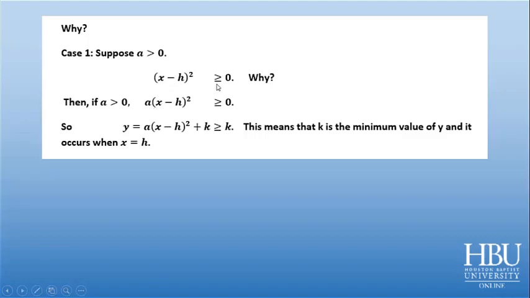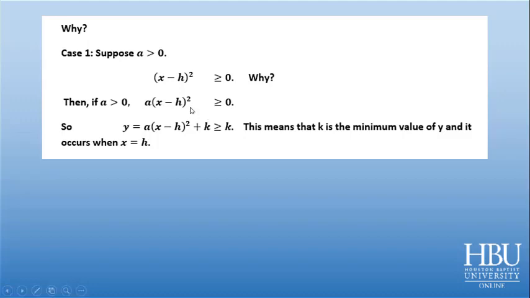Now, taking this inequality, let's multiply both sides by a positive number a. If you multiply an inequality through by a positive number, you do not reverse the direction of the inequality. So a times (x minus h) squared is going to be greater than or equal to a times 0, but a times 0 is still just 0.